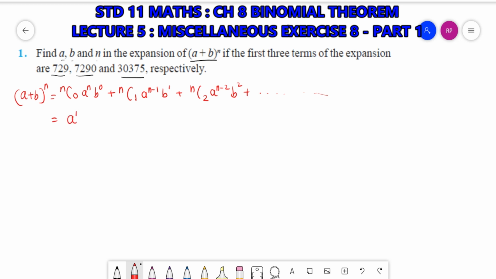So this will be a raised to n, plus nC1, which is n, so n into a raised to n minus 1 into b.